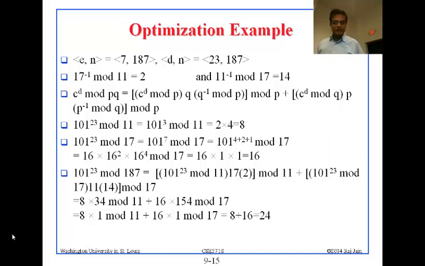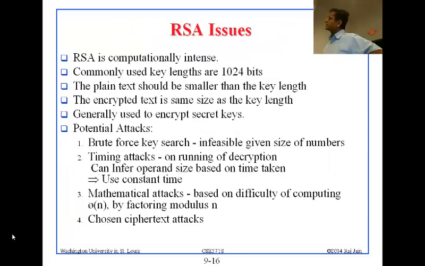All right, moving on. RSA is computationally intense. The keys are generally very large, and the plain text should be smaller than the key length. See, that's another thing, is that your message, because you're doing mod, you cannot have a message which is bigger than the number itself.